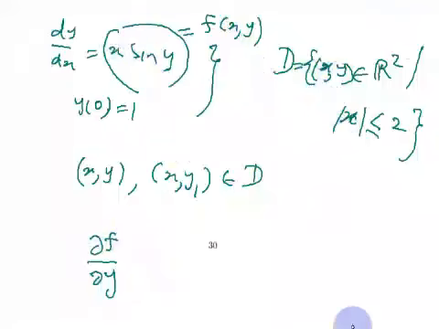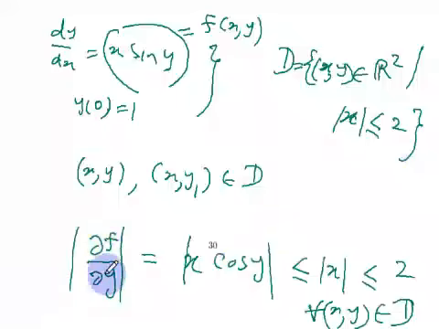Alright, let's check that. The derivative of f with respect to y is x times cos y. The modulus of that is less than or equal to the modulus of x times cos y, which is bounded by 1.